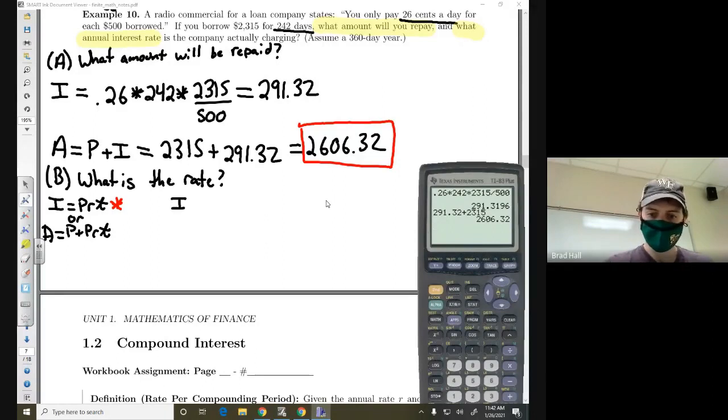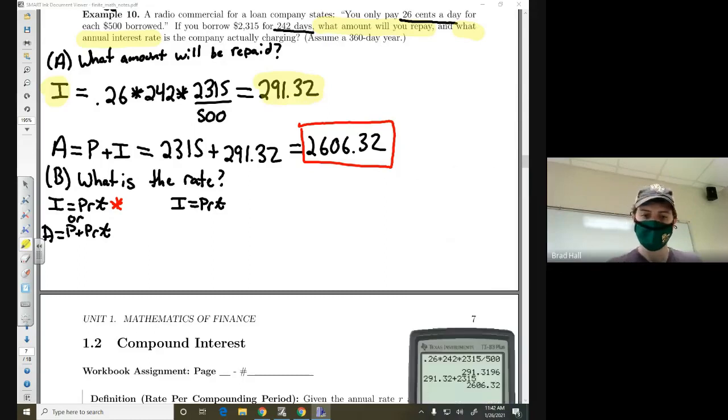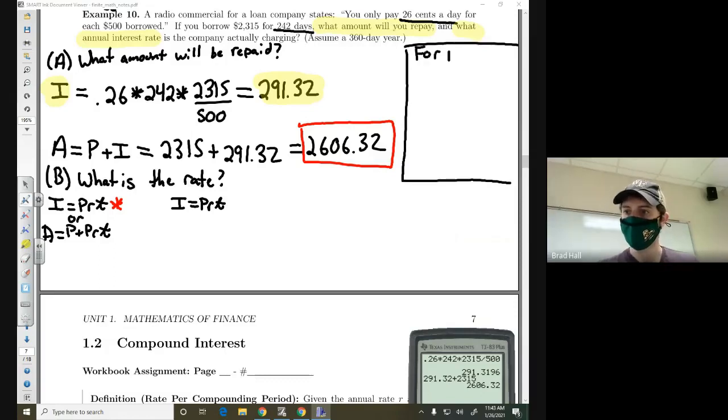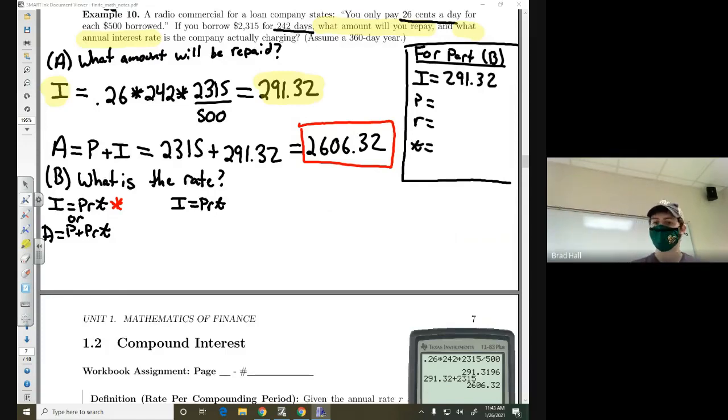So I is equal to PRT. The interest, we said, was $291.32. So this is for part B, if that helps. What I'm about to write, the I, the P, the R, and the T. The I was $291.32. It was found in that intermediate step.